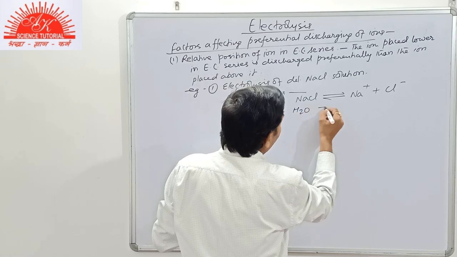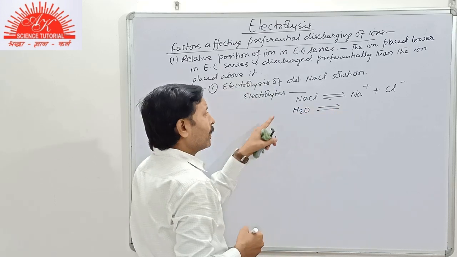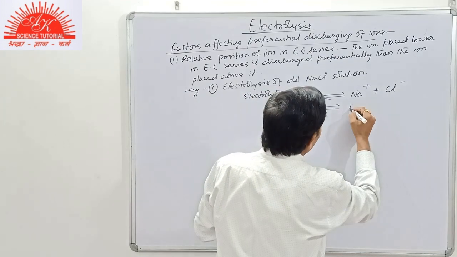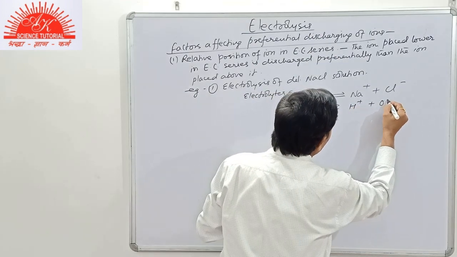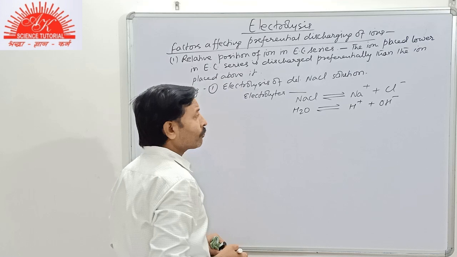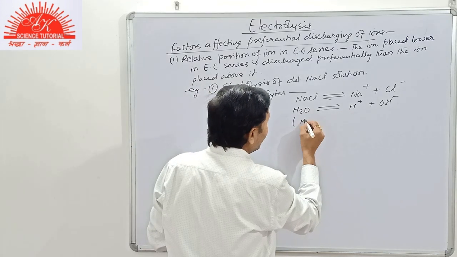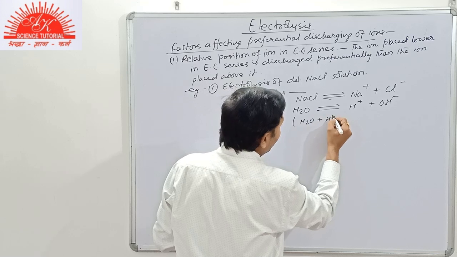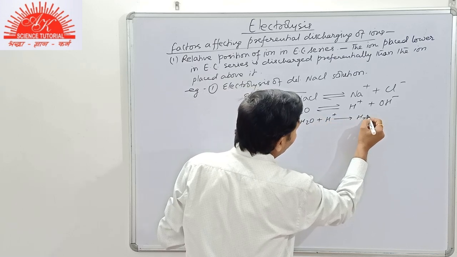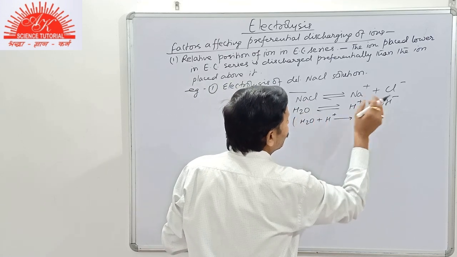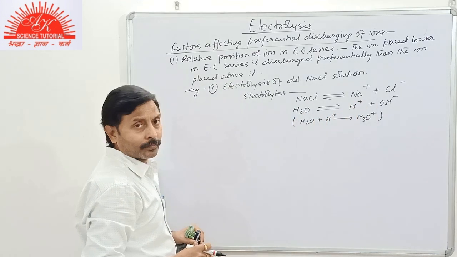The water molecule is also present, and this time the water will be ionized to give us H+ and OH- ions. This H+ ion will remain in the form of hydronium ion, so overall there will be hydronium ion plus hydroxide ion.